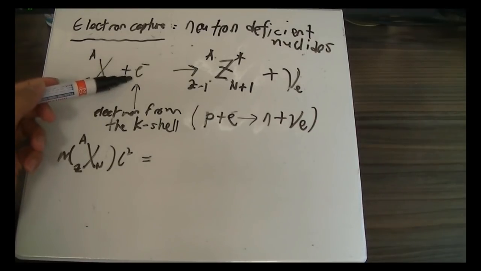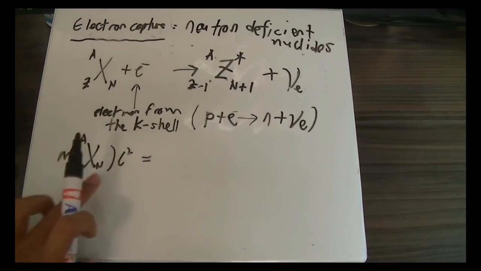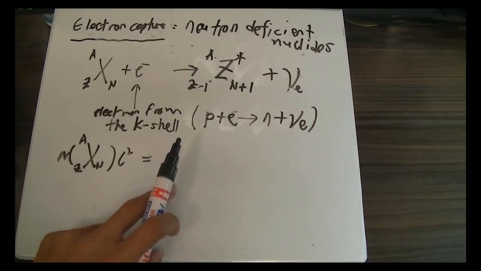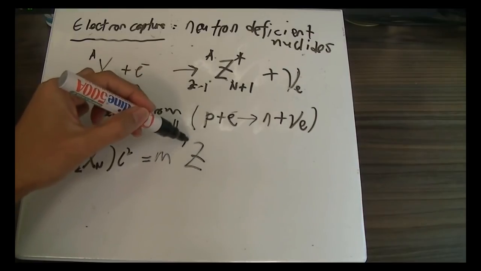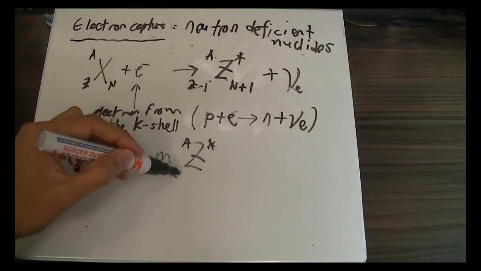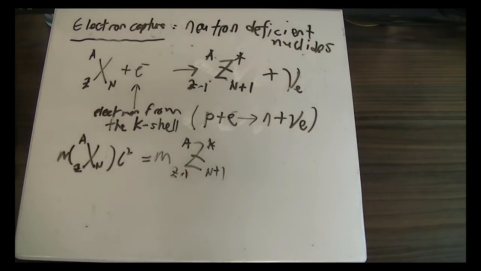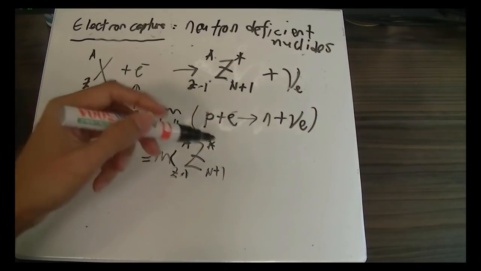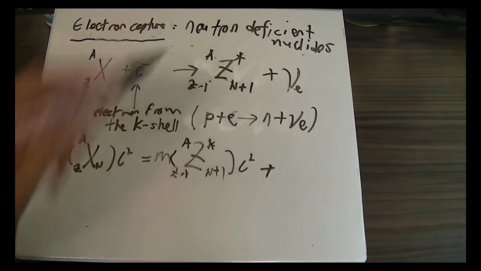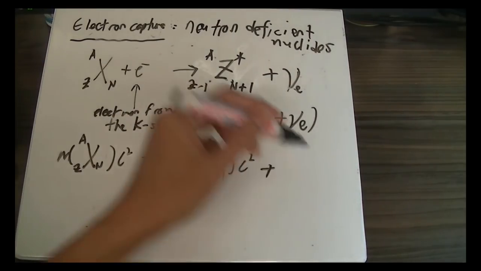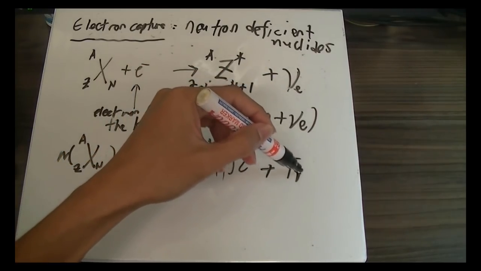So before the decay that is it, and after the decay we have the mass energy of the daughter, Z minus 1 and N plus 1, c square, plus the kinetic energy of the neutrino.